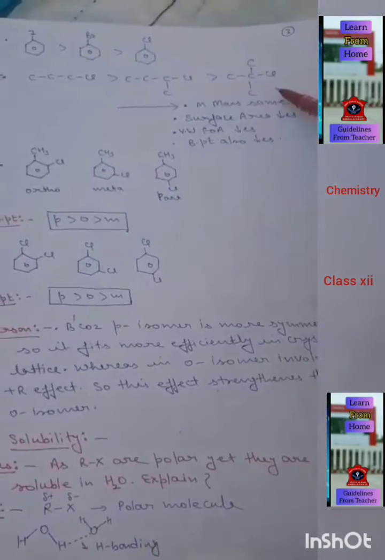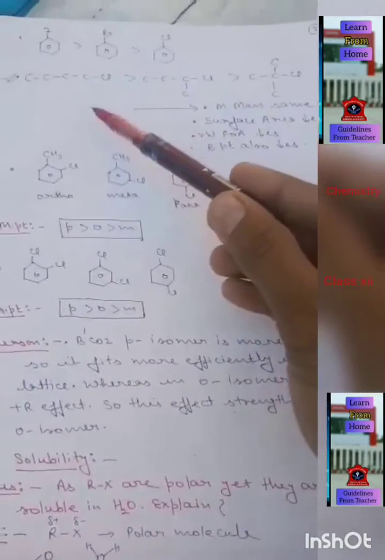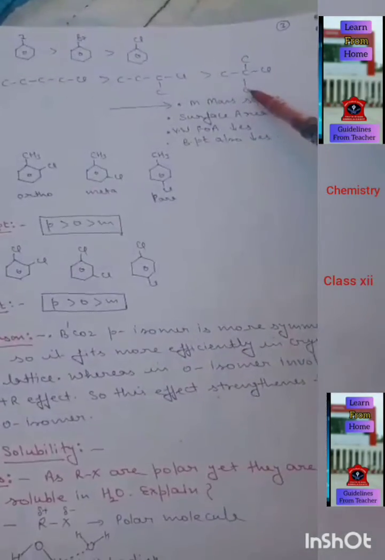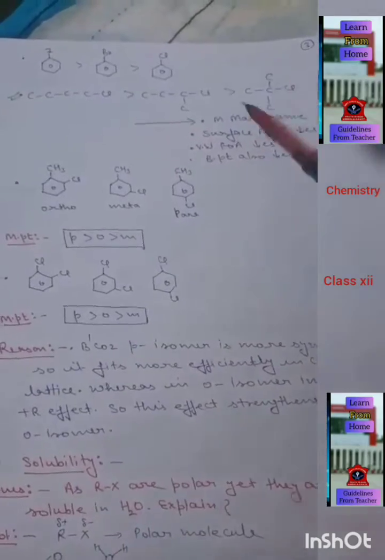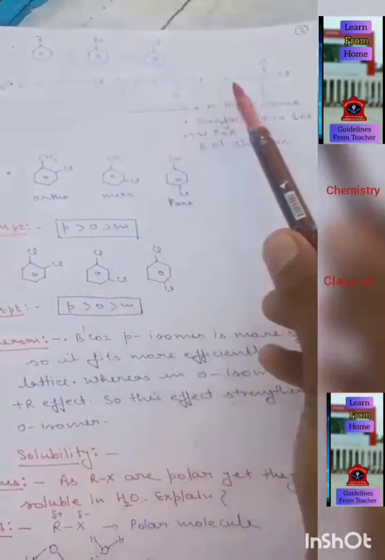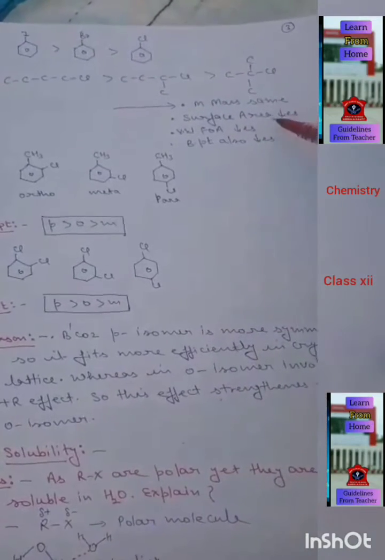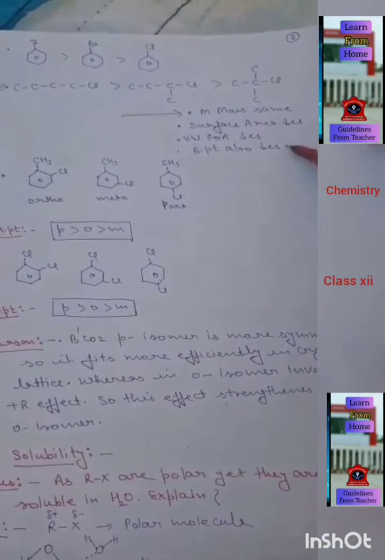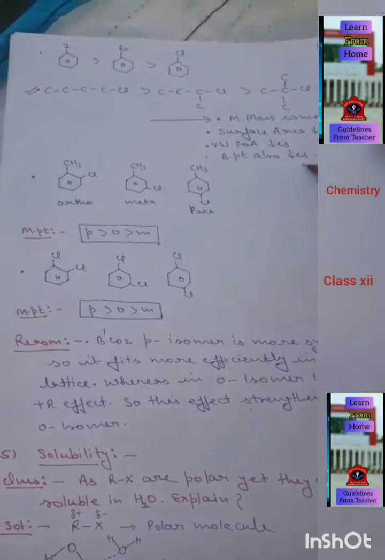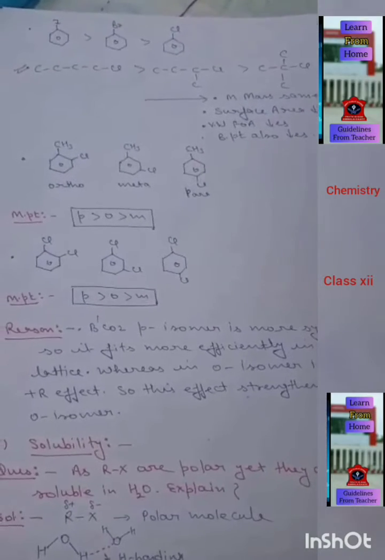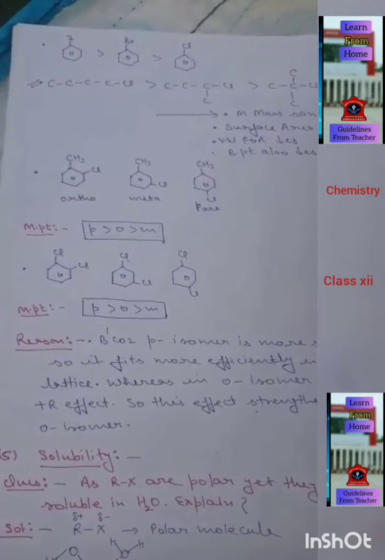In case of isomeric compounds, if we have the same alkyl halide but with branching, as we know that van der Waals forces of attraction decrease with increase in branching, so as we move from this compound to this, molecular mass remains the same, surface area decreases, van der Waals forces of attraction decrease and boiling point also decreases. This is an important example of our NCERT book also.